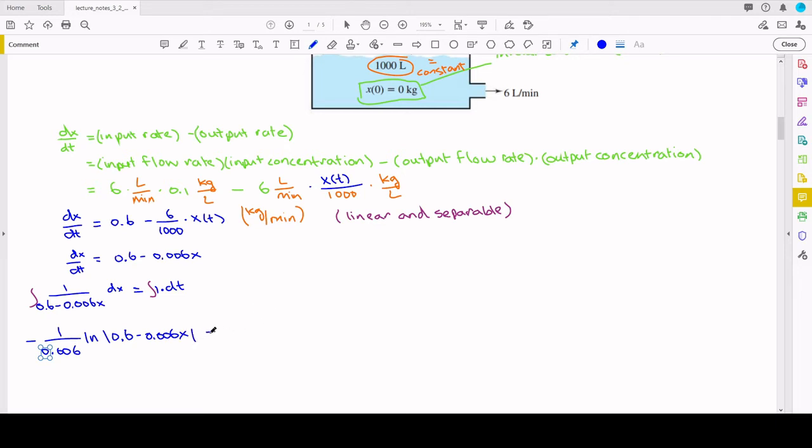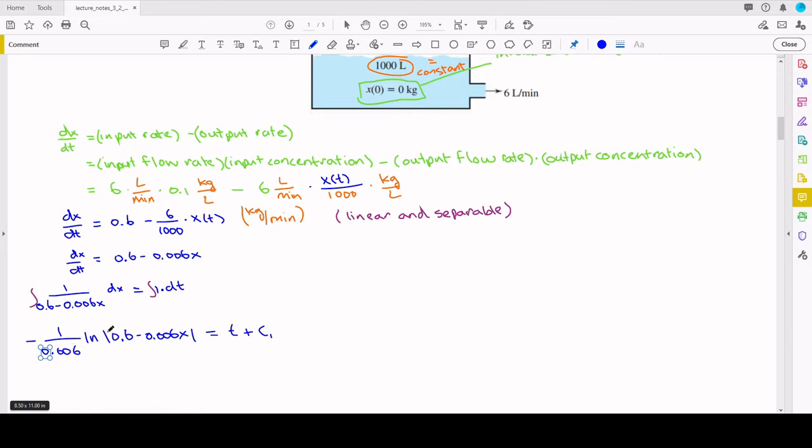And then on the right-hand side, the antiderivative of 1 is t, and then we have a constant of integration. We have one on both sides, but as discussed before, if you have a constant of integration here, you can move it over and that's your constant of integration. Now, let's call this C1 because we're going to play around with that constant of integration a little bit.